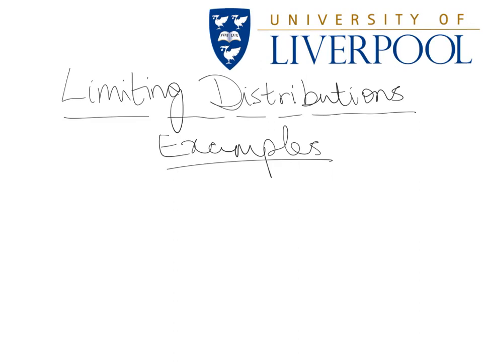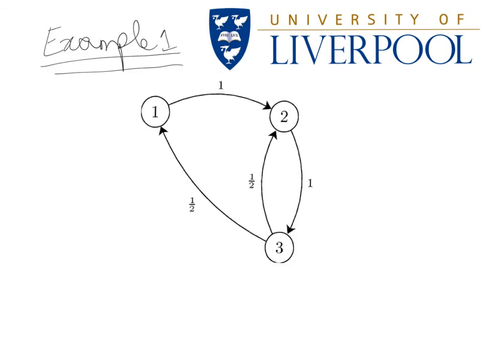We now wish to look at how to compute limiting distributions for continuous time Markov chains. As our first example, we wish to consider a continuous time Markov chain that has the following jump chain, and we assume that we have the following holding time parameters: lambda 1 equals 2, lambda 2 equals 1, and lambda 3 equals 3. And we wish to find the limiting distribution for this Markov chain. First of all, notice that the chain is irreducible. The transition matrix of the jump chain is given by the following.